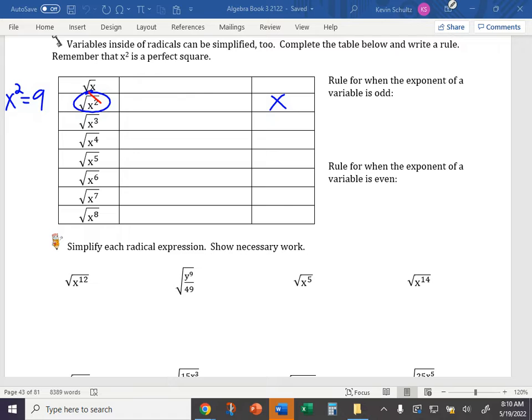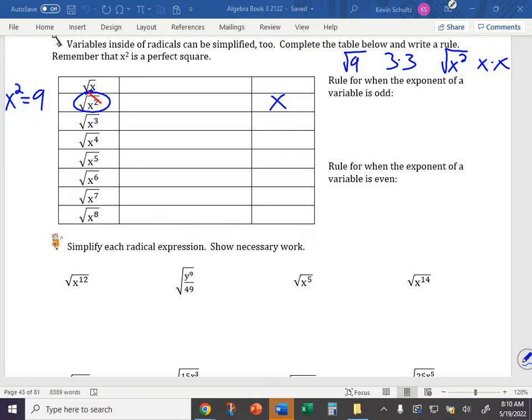Basically meaning that x squared is a perfect square, right? X squared is a perfect square because we know, what does a perfect square mean? The root of 9 is 3 because 3 times 3 equals 9. The root of x squared is x because x times x equals x squared.